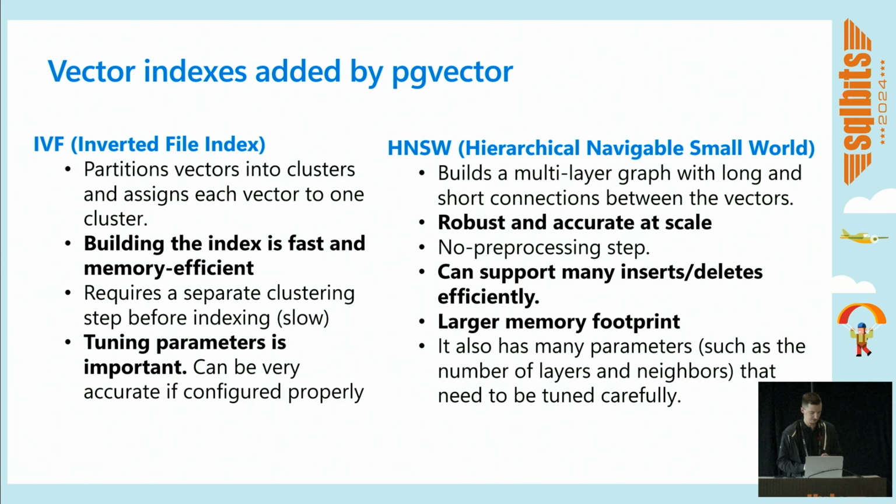The HNSW, hierarchical navigable small worlds, which is a mouthful to spell out, is a graph-based indexing method. A nice way to understand it is it works in layers where you have the top layer that goes into a smaller layer that has more local points and down to the smallest layer.